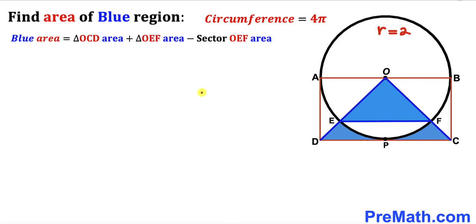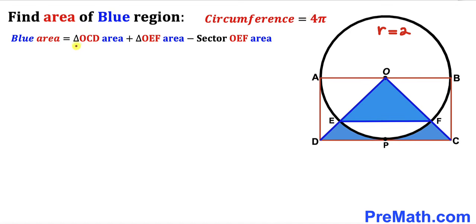Now let's make an observation. We can see that this blue shaded area, this whole area, this one and this one, is going to be equal to the area of this big triangle OCD plus the area of this smaller triangle OEF minus the area of this sector OEF, as you can see in this given equation.